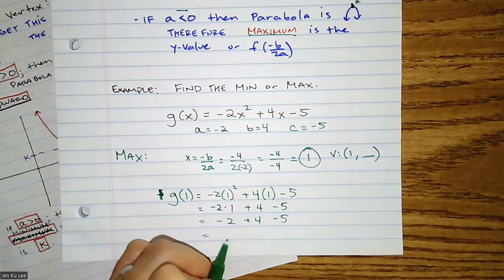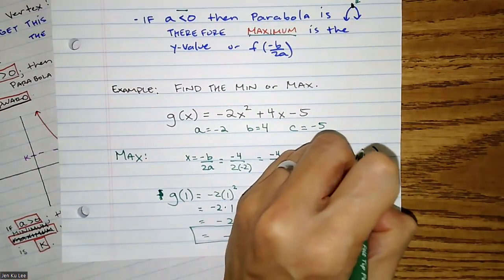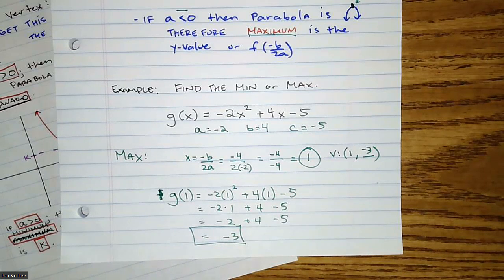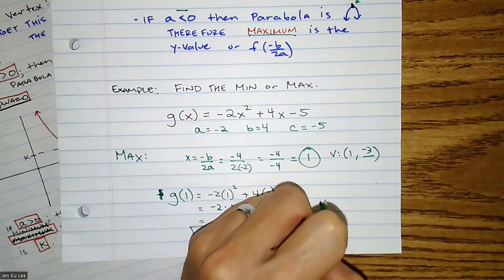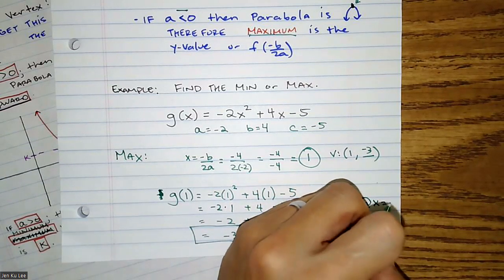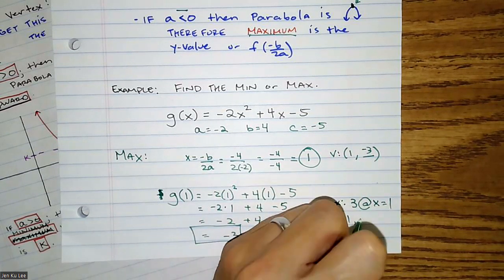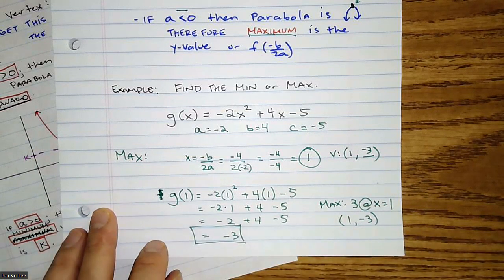That's -3, right? So my vertex is 1 comma -3. So I have a maximum value of -3 at x equals 1, or you can put your vertex point. Either one would work. All right, and that is the lesson for 3.1. I'll see you guys on the next one. Bye.